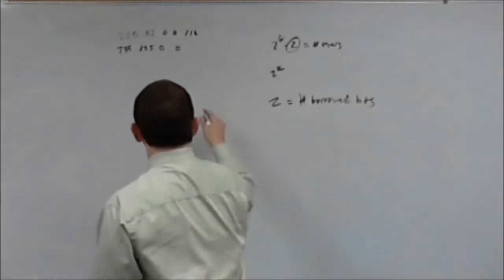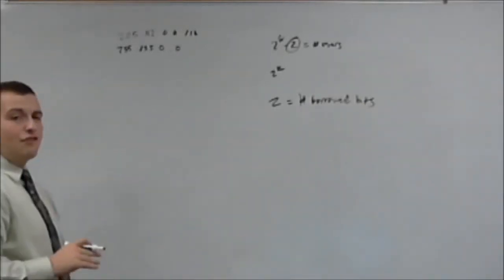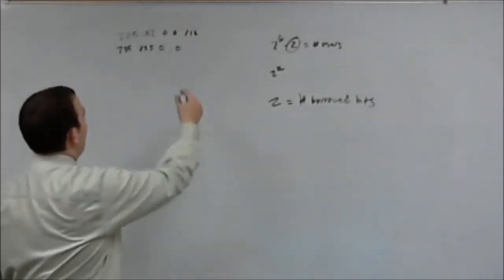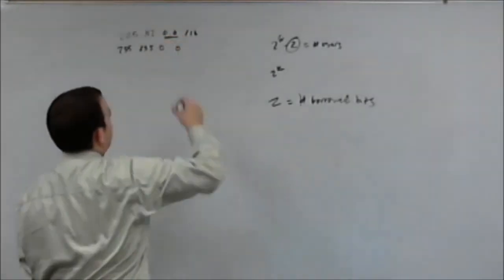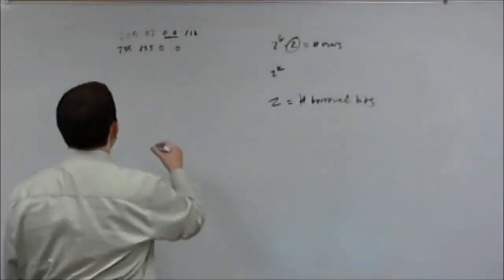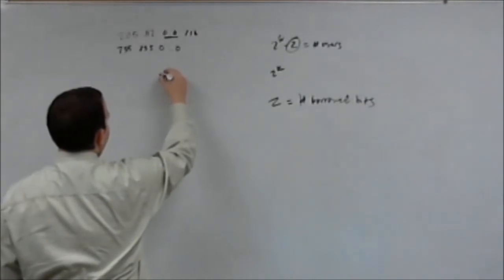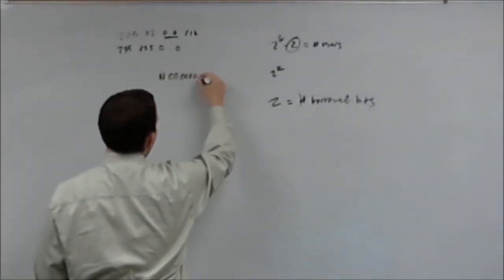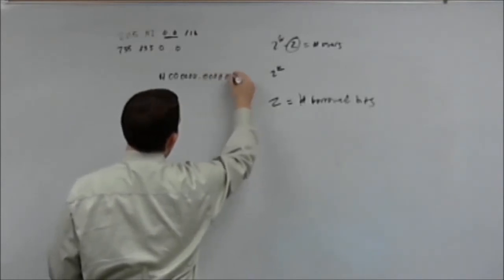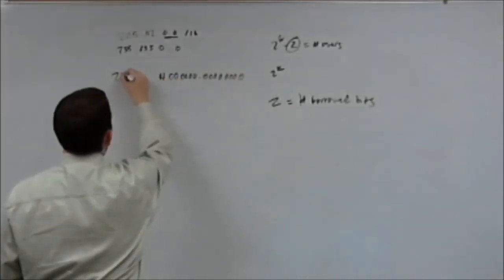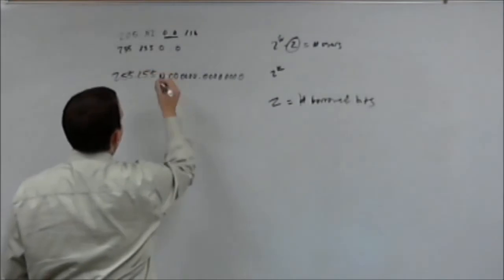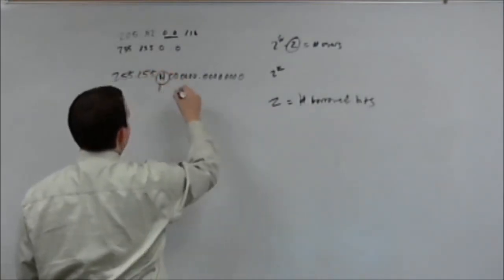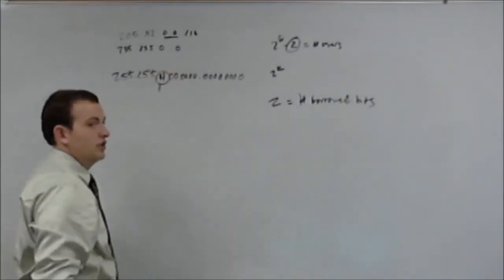Now, if you didn't notice, we still have this range up here, but every time we took a bit from the host address portion that the ISP gave us, we borrowed a bit. So, if we draw this out and we took 2 bits, then we borrowed these 2 bits from the initial host portion.